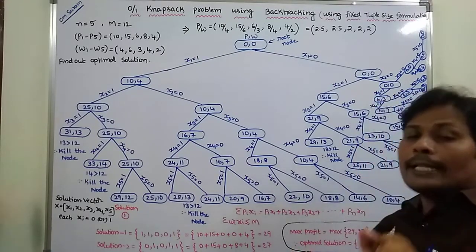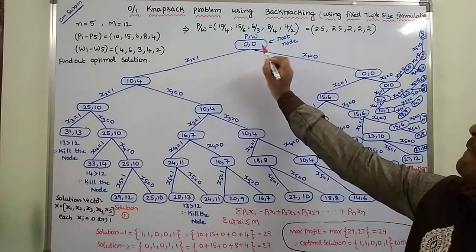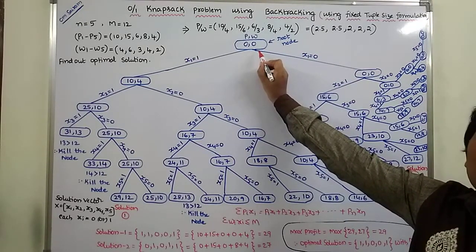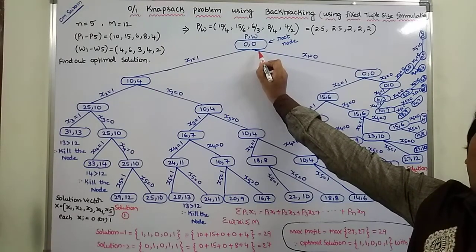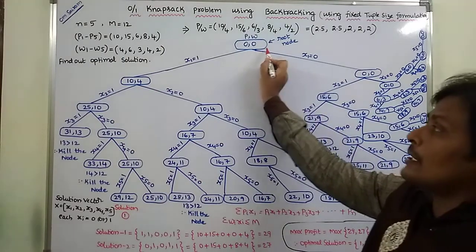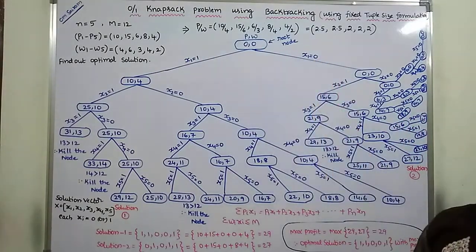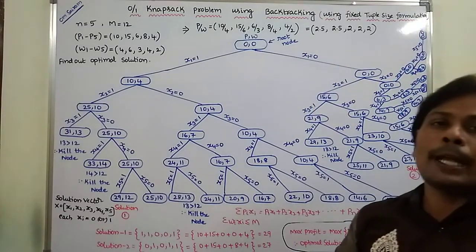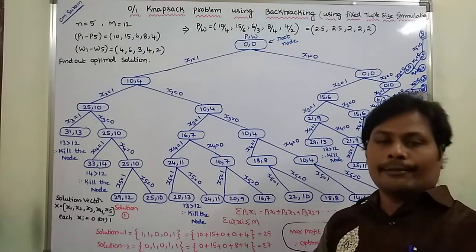Each and every node in fixed tuple size formulation can take two values, either 0 or 1. The left child takes the value 1 and the right child takes the value 0. So this is called fixed tuple size formulation, and also the dynamic state space tree.